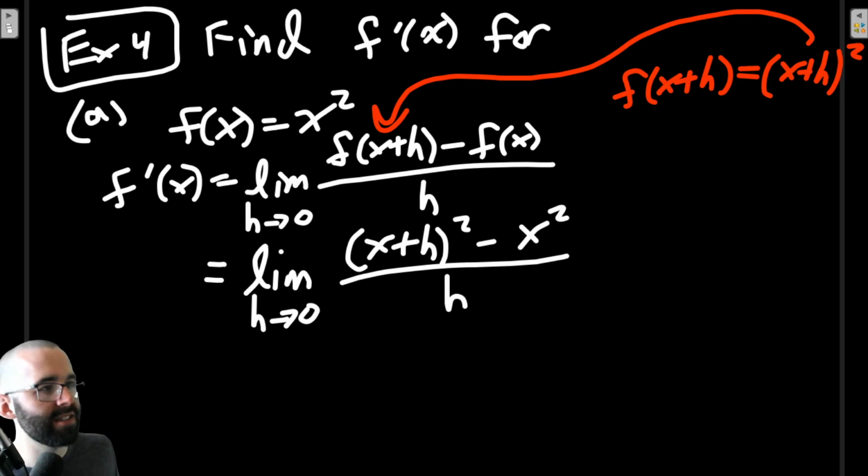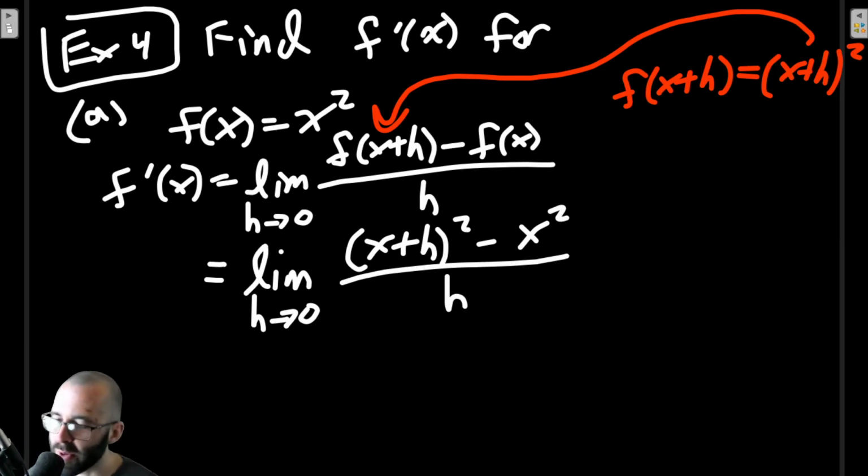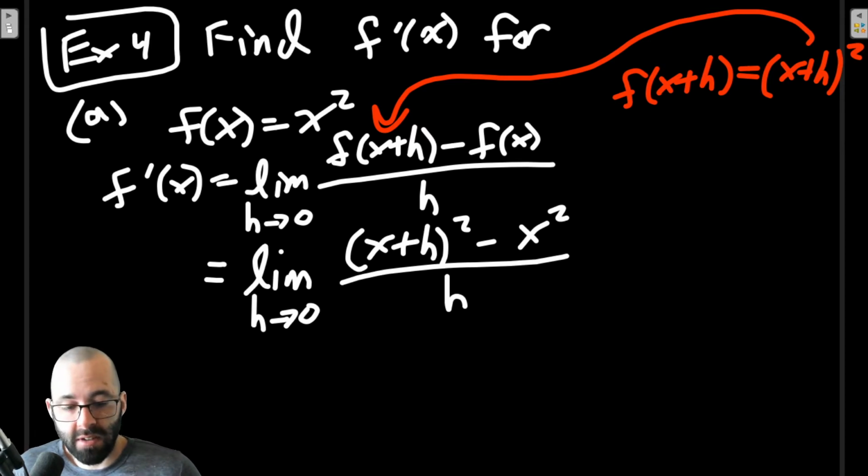So you might get really excited here and say, Jason, I've been doing good with my limit properties. This is a rational function, so we can just plug in h equals 0 and get the limit. The sad news is that if you plug in h equals 0 here, you're going to get 0 over 0, which is no good. So we have to keep simplifying.